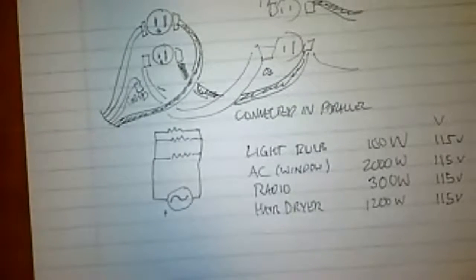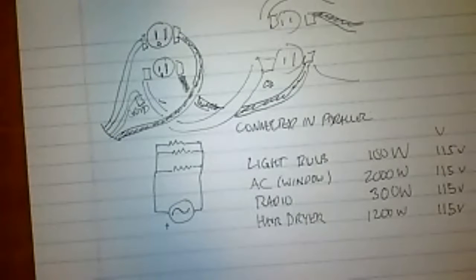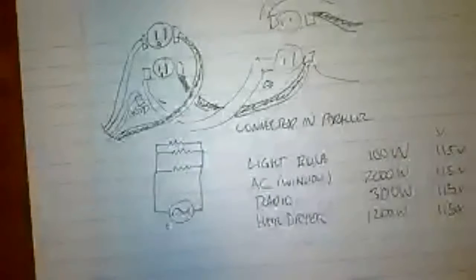So if you actually connect your receptacles with a specific type of wire, it has a specific rating on how much current it can draw. And a typical current, for instance, might be 15 amps or 35 amps or something like that. So let's say this is a 30 amp service.